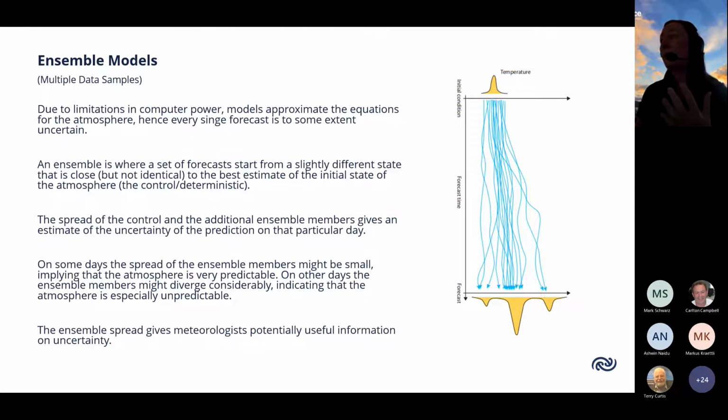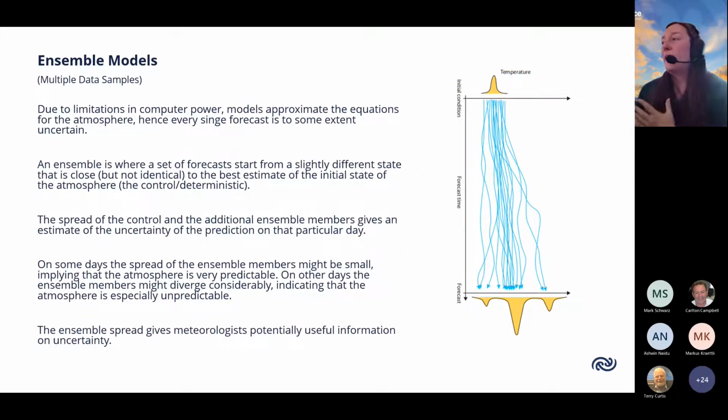So due to computer limiting powers, basically the atmosphere being almost impossible to perfectly model, every forecast is uncertain. That's exactly what it is. It's a forecast. So ensembles will start from a slightly different state and run with it. And the spread that we see in the ensemble members gives us an idea of the uncertainty on that day.